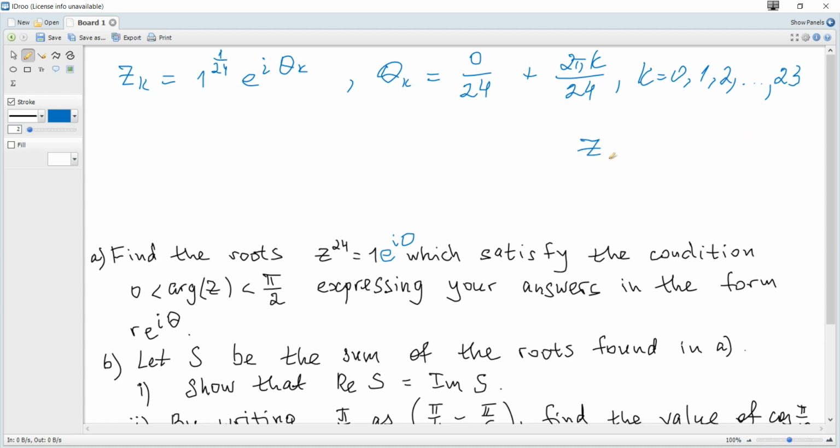If you consider 24, it will be the root corresponding to k is 0, but rotated by 360 degrees, and it will be absolutely the same complex number.